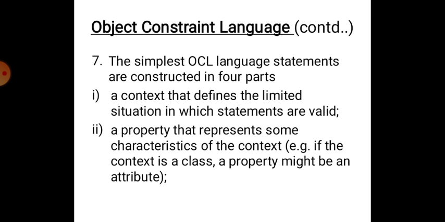So, the four parts in which OCL can be constructed are, first, context. Second part is property. A property that represents some characteristics of the context. For example, if the context is a class, a property might be an attribute. So a property is something that gives more detail about a particular object.